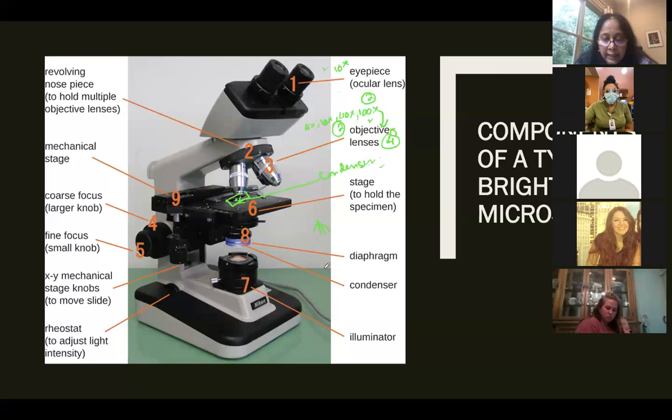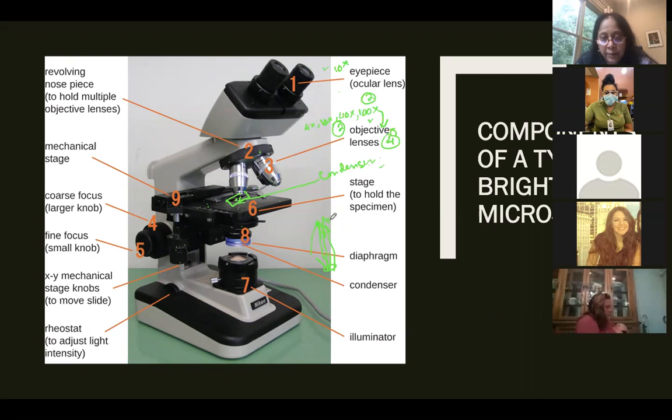Basically light is coming from the source, and many different light rays are going out. The condenser collects all this light and makes a light cone, meaning all the light rays fall into this apex.